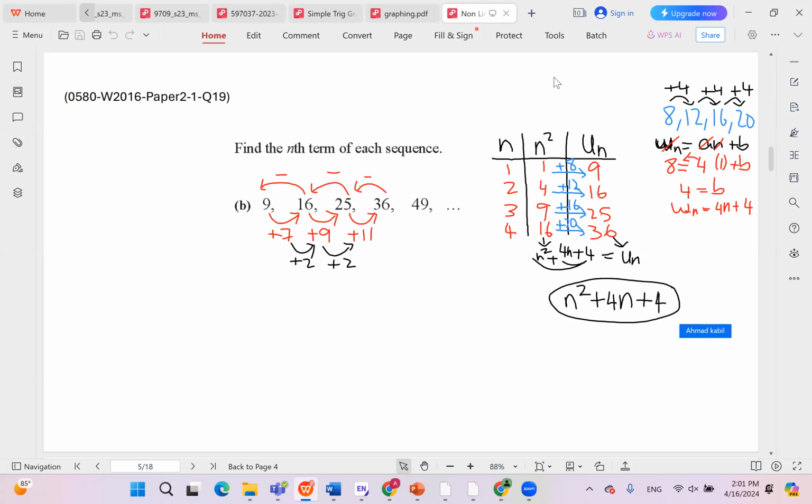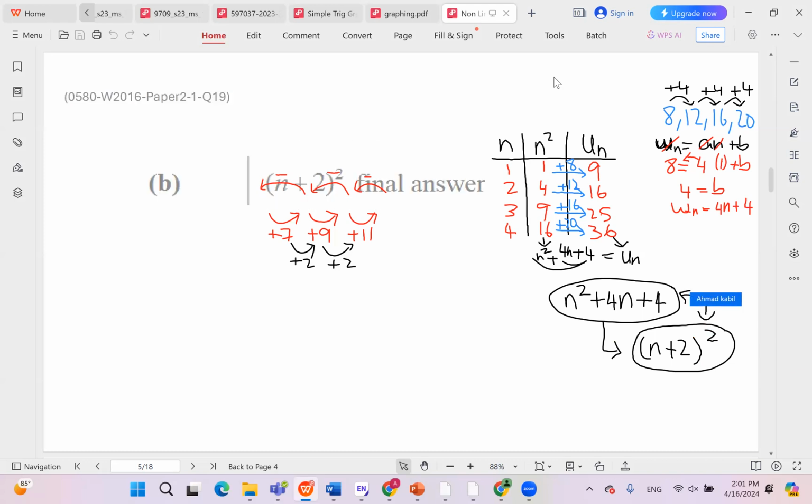This is the final answer. Of course, using very basic algebra, you can rewrite this as n plus 2 all squared, but this is not necessary. Both of these answers here are going to be correct. They chose the factorized form. They wrote n plus 2 all squared, but like I said, both answers in circles are considered correct.